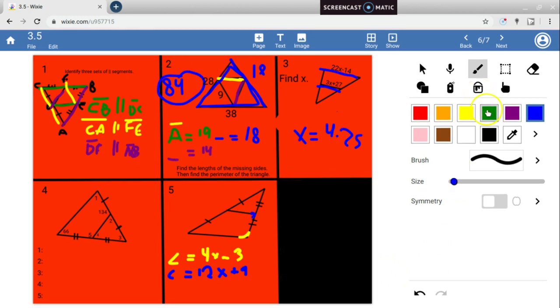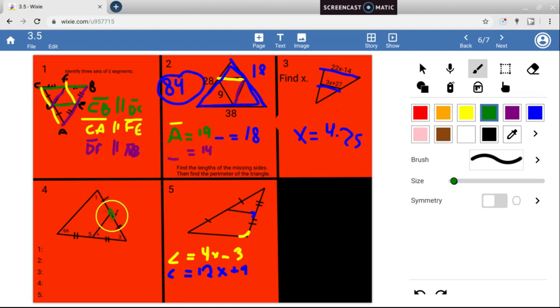Now we have 4. There's not really much algebra with this one. So this time for 4 and 5, we're going to use some skills from Unit 2. So if you didn't ever watch that or learn that with the angle relationships, then you might not understand this. But anyways, so we just start out with the numbers that you're given.